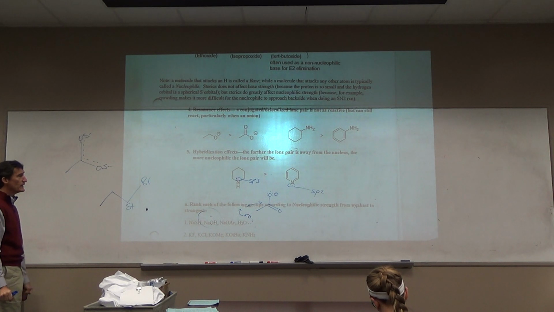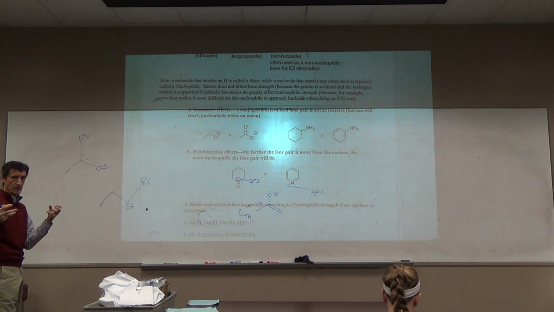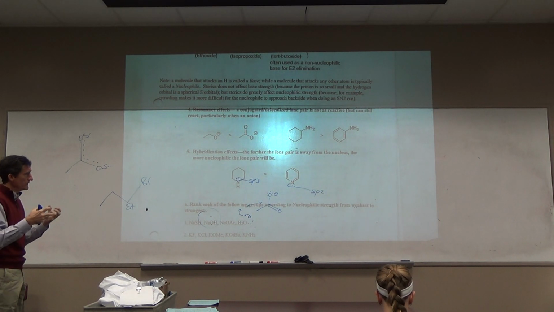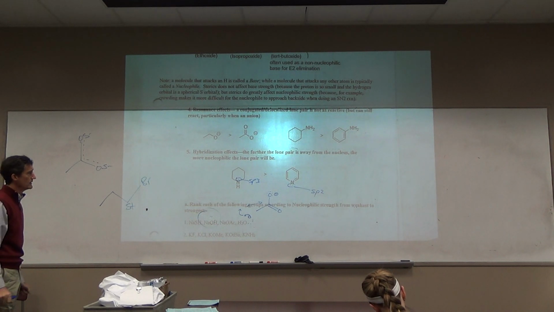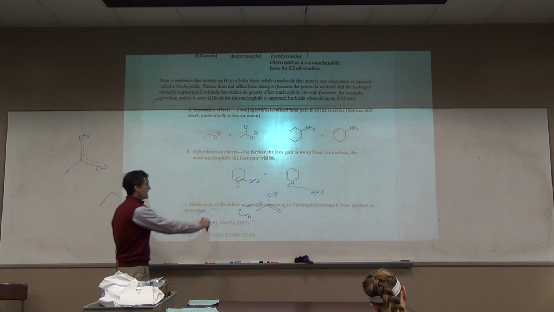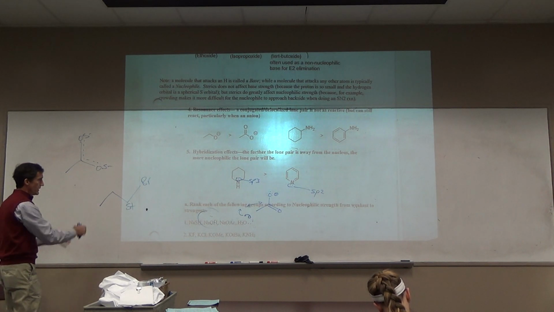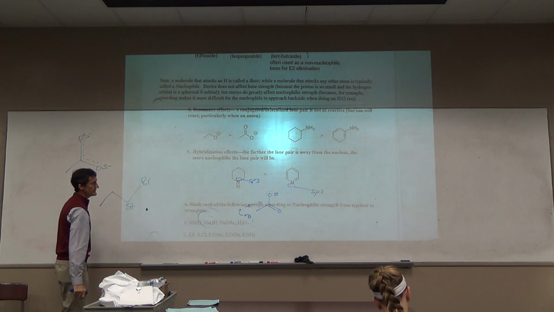That also somewhat quenches the lone pair. I mean, the lone pair is closer to the positive nucleus. Charges are closer together, that's kind of quenching. That's lowering the energy of the system. This lone pair is more out there, higher in energy, more able to make a bond and do a backside attack.